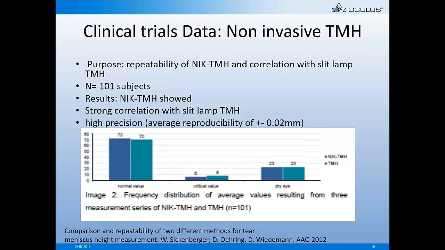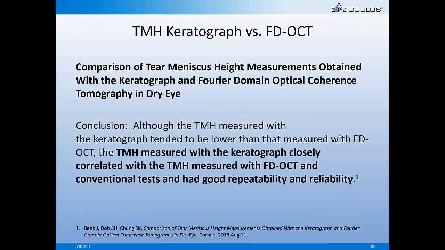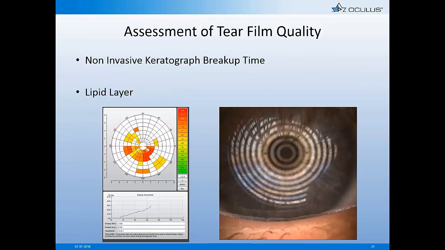Average reproducibility was plus or minus 0.02 millimeters, which is very good. Another study compared it to tear meniscus height on the Fourier domain OCT and showed good correlation with the FD-OCT and good repeatability and reliability as well. So again, this is our method for assessing tear film quantity.